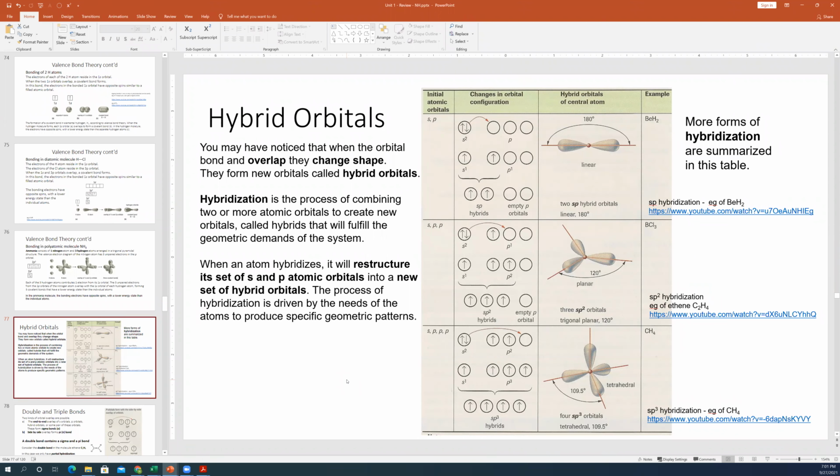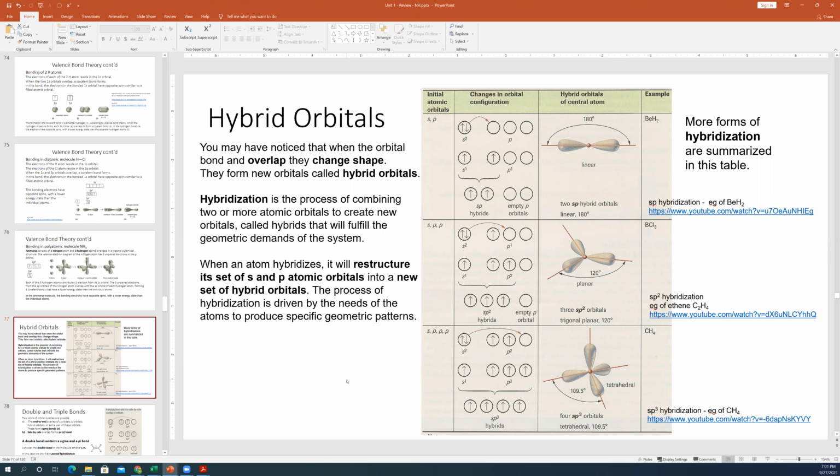In hybridization, you have two or more orbitals coming together to create a new orbital. What's important to realize is that this new orbital forms and fulfills the geometry required by the system, whatever fits the molecule best.